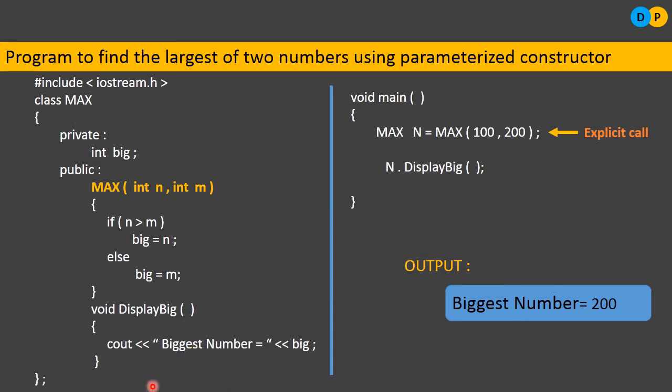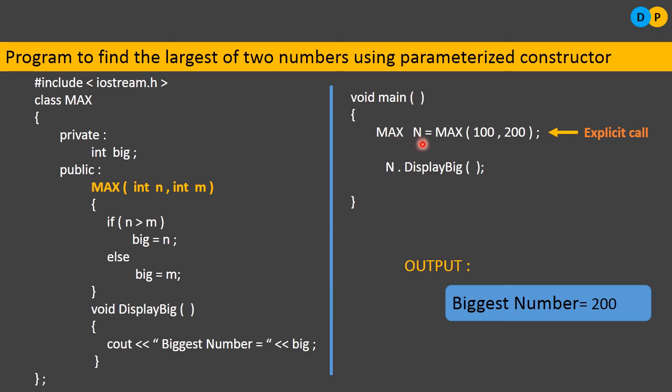Completely we have declared the class, followed by the main function definition. Within the main function, for the class max, we need to create an object. First we will be creating an object. What is the name of the object? max n. And we need to call this constructor. How are we invoking it? We are explicitly invoking it, forcefully.